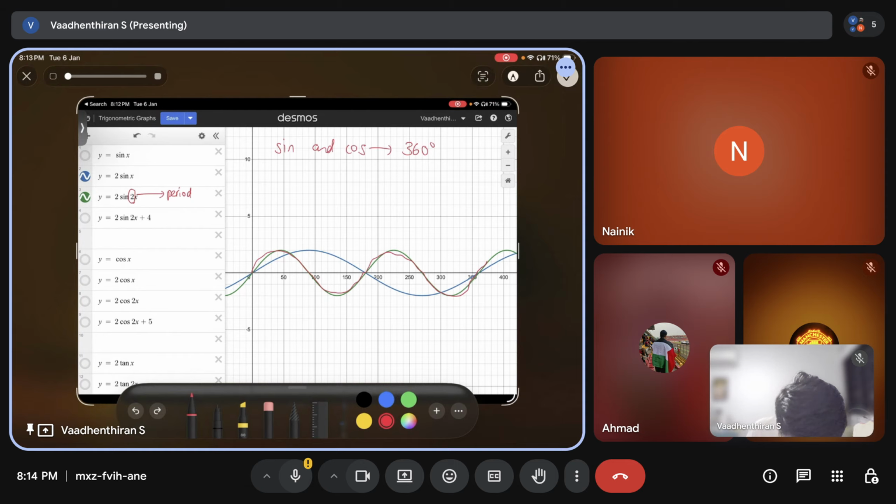Got it? So if there are two cycles, then you will see that one cycle finishes at 180 and another cycle starts from 180 and finishes at 360. So whenever you're going to find the number of cycles you need to draw the graph, you just do 360 divided by the period.